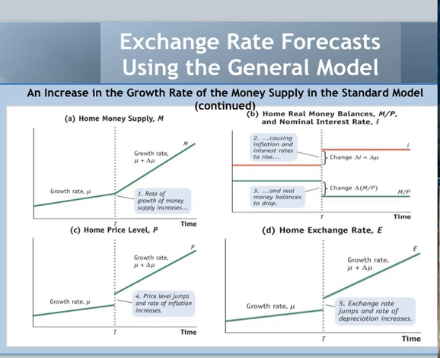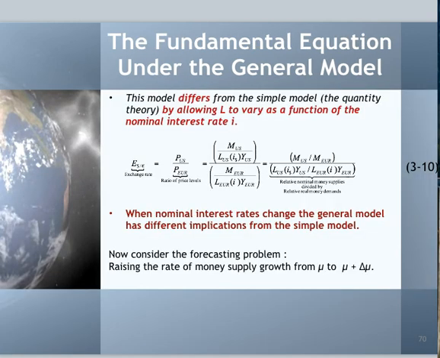So finally, what's the impact on the exchange rate? Well, again, we go back to this equation to describe that. What we've done is we've increased capital M in the U.S. And because we've increased capital M in the U.S., we know that all these other changes have to result in an increase in the exchange rate.